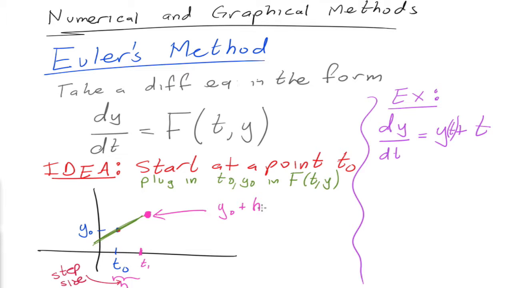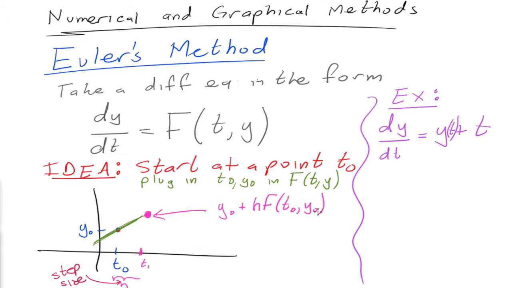Just rise over run, simple as that. The change in distance between y naught and the pink dot is simply h times the slope of the line, or the derivative, in this case capital F of T naught, Y naught.